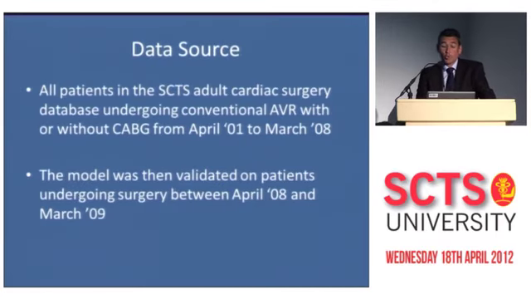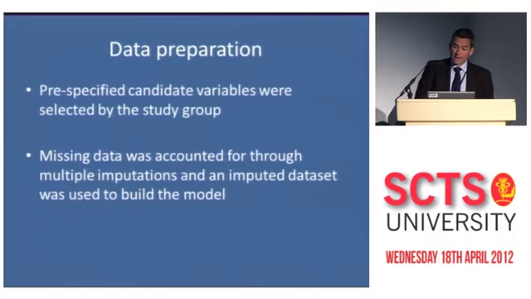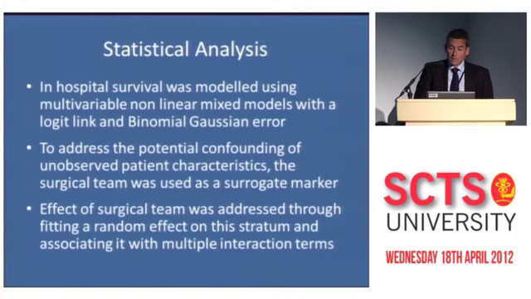So we looked at all patients in the STS adult cardiac surgery database who had undergone conventional aortic valve replacement with or without CABG from 2001 to 2008, and then we validated it on a further cohort of patients subsequent to that. We did a lot of analysis with candidate variables, and we addressed missing data through a specific missing data unit we have in Birmingham to build the model.